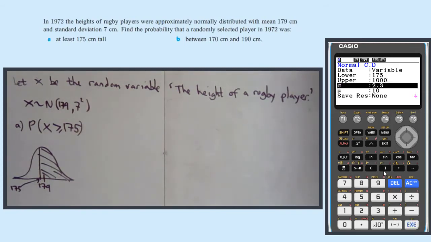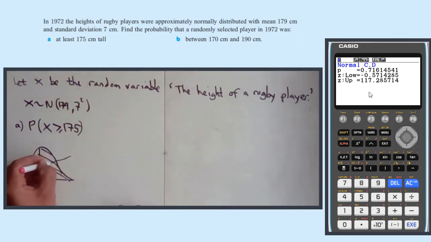The standard deviation is 7, and the mean is 179. Just another thing to be careful with. They always seem to be the wrong way around for me. So make sure you don't put your mu and the sigma the wrong way around, because that will radically alter your results. So that's all fine. We have a probability of 0.716.